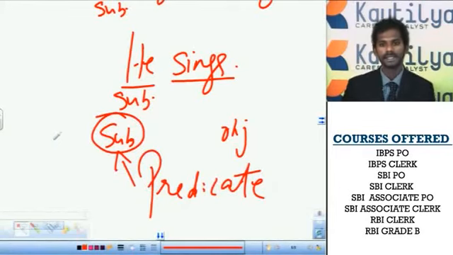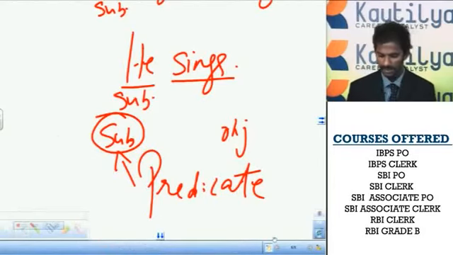That means in a sentence, the part excluding the subject is termed as a predicate. Clear? Right? Come to the same sentences.